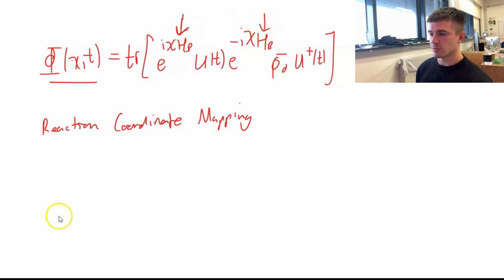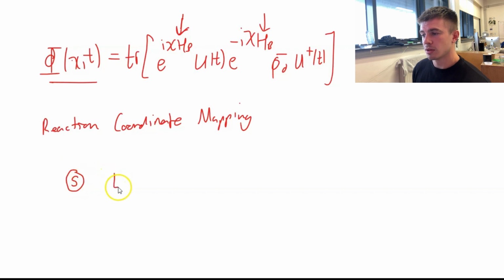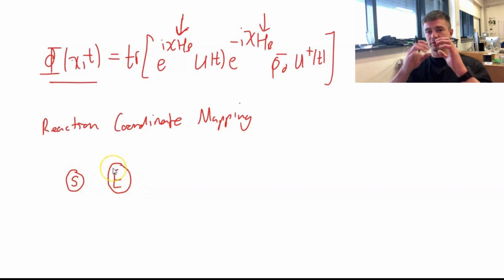So let's quickly think about what the reaction coordinate mapping is. So I'm going to draw the little diagram of our system and the environment slightly differently, but it essentially is the same thing. So here we've got our system and here we've got our environment, and instead of having the system encompassed inside the environment as we've had before, I'm just going to draw a line between them, and this line just represents the fact that they're interacting.